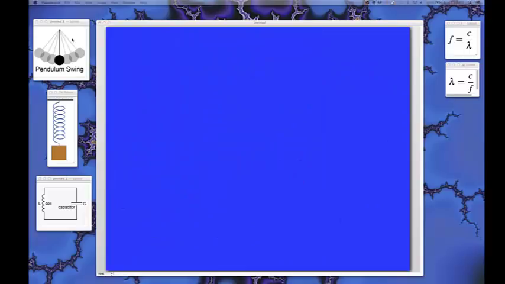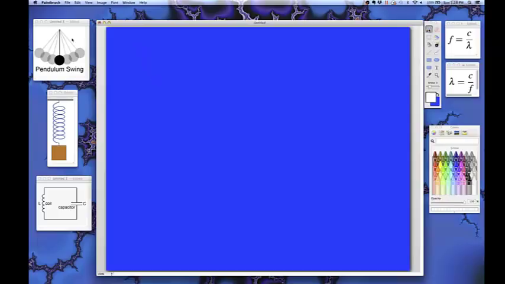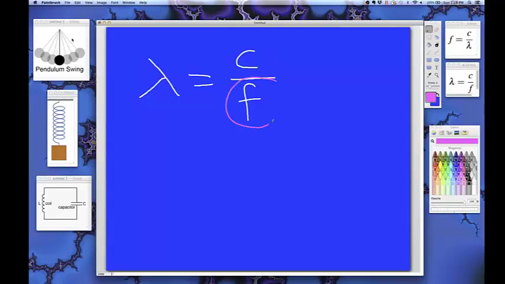But the point of this video has more to do with this equation: lambda equals c over f. What I'm saying is that this equation is the transformation between the domain of frequency, the domain of per second, and the domain of per cycle.